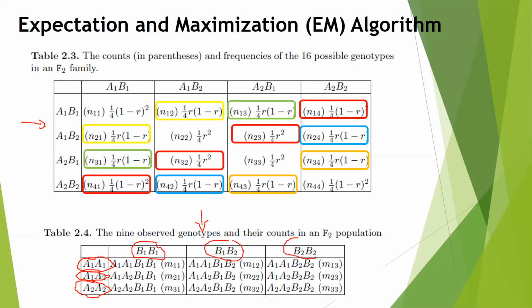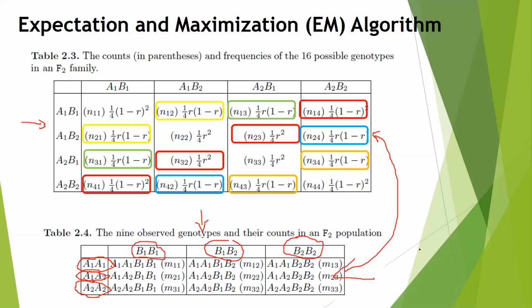And these 9 categories represent the 9 possible genotypes you're going to observe based on these 2 loci. So this is how we can link these 2 tables, right? Is that clear? Yeah.